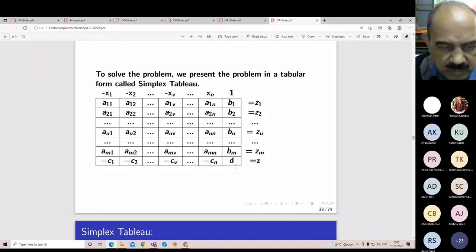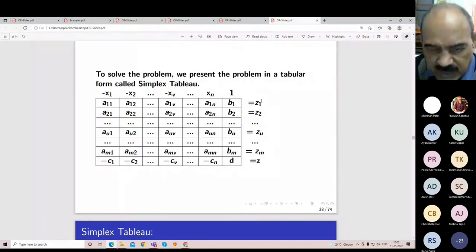And in this table, we have variables: basic variables and non-basic variables. z1, z2, z3, then zu, finally zm.